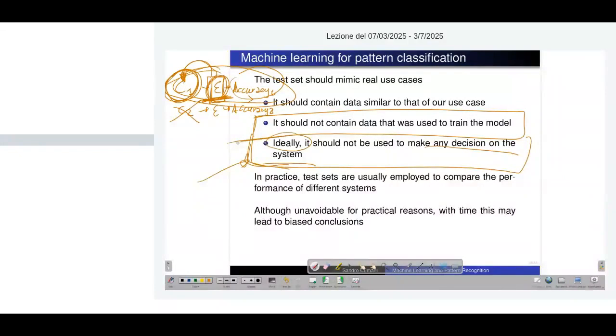To avoid this, we would need to have a new evaluation set every time we want to evaluate our system. And this is typically unreasonable.